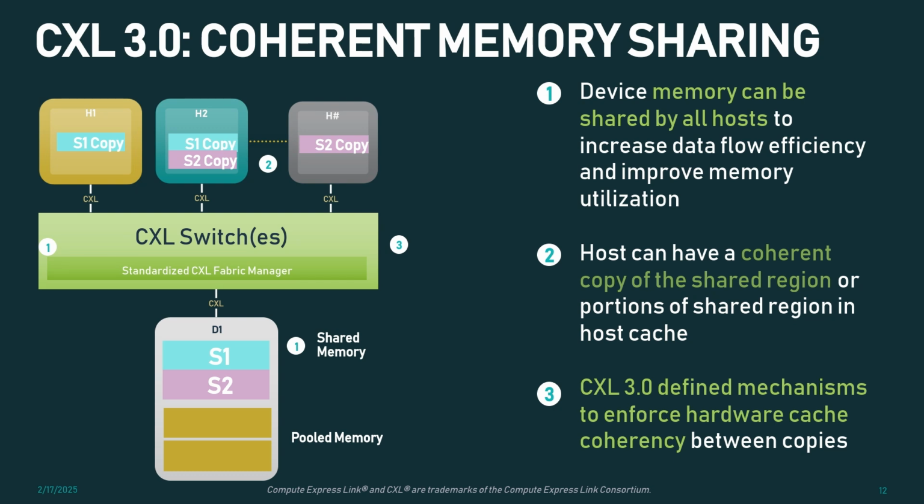So they both have a shared copy, which allows them to do a much more efficient data exchange. And there are some software primitives that work really well with shared memory. Again, this relies on the back invalidation option we talked about, which allows the device D1 to make sure each of the hosts has the latest copy of the memory, and none of the hosts gets confused or goes out of sync.